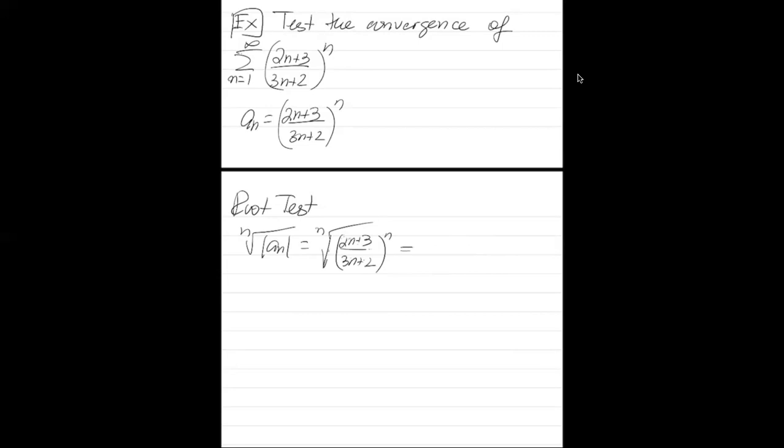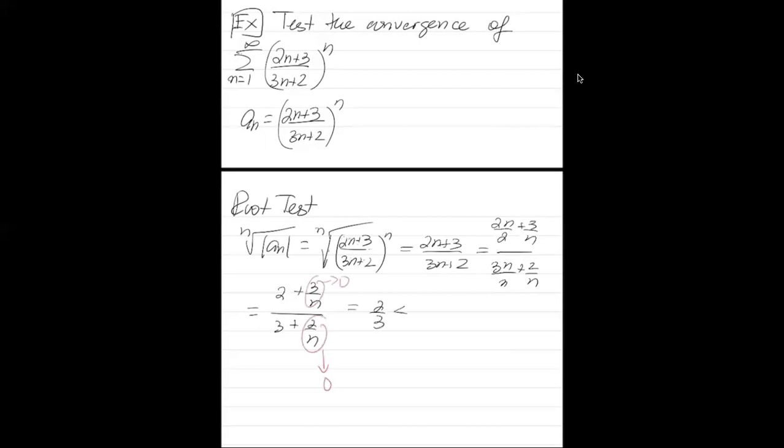So 2n plus 3 over 3n plus 2. Now let's divide by n, top and bottom, because that's how we find limits at infinity. Cancel. So you have 2 plus 3 over n over 3 plus 2 over n. We know that goes to 0, that goes to 0 as n goes to infinity, and you have 2/3, which is a number less than 1. So we have absolute convergence, and therefore convergence by the root test. And that concludes this video.